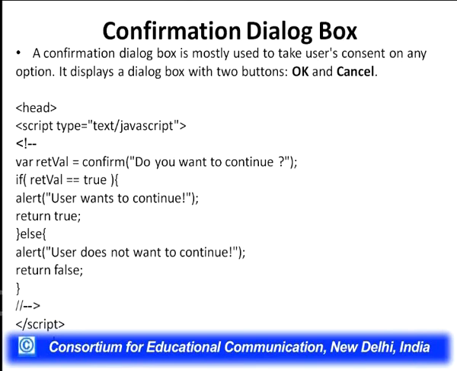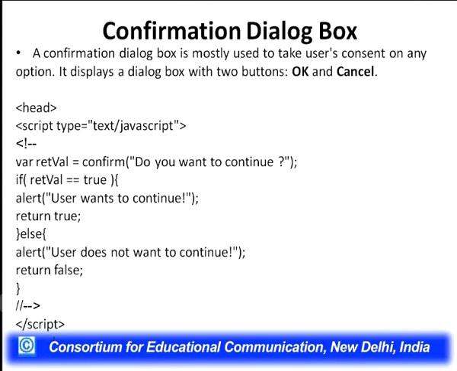Here we can see a script where a variable has been declared, named retval, and it provides the message in a confirm dialog box. The function that you use is confirm, and you give the question to the user whether they want to continue or not. Depending on the answer of the user, you give an alert message. If the user chooses true, then the alert says the user wants to continue.